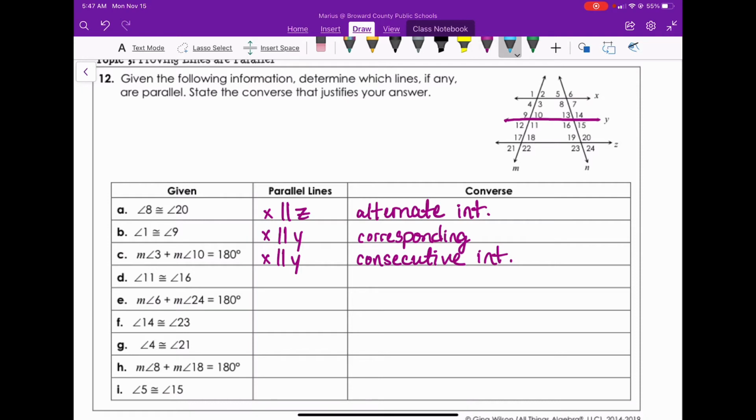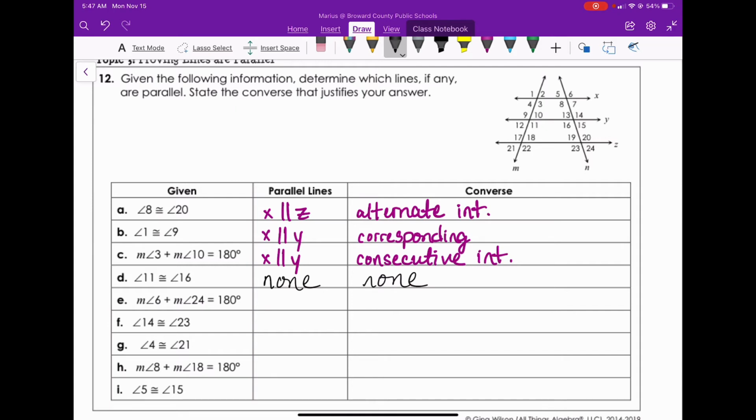These two would not be, so this would be none because there's no relationship here. These two lines would be the two lines we would be talking about, but they're not parallel. So we don't have any parallel lines for angle 11 and angle 16 being congruent. This would just be none.